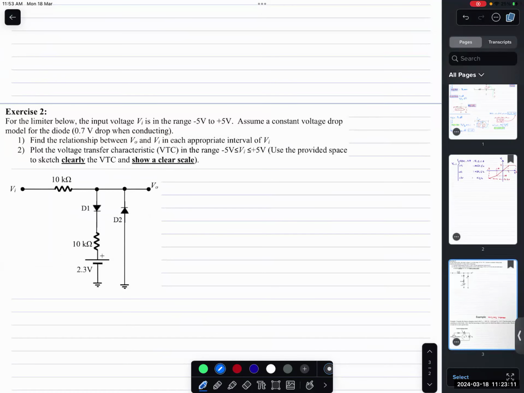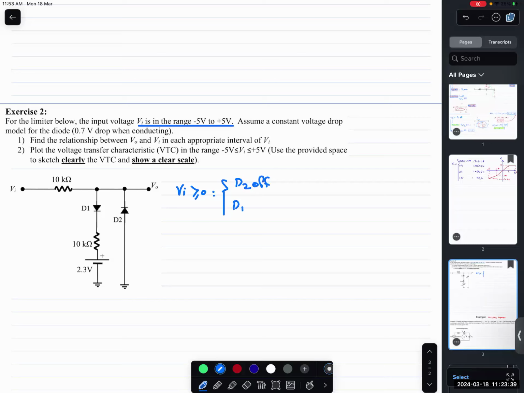Well, one thing that you need to understand is that if VI is positive, for sure D2 is off, because you put positive voltage at the cathode of this one, D2 off.